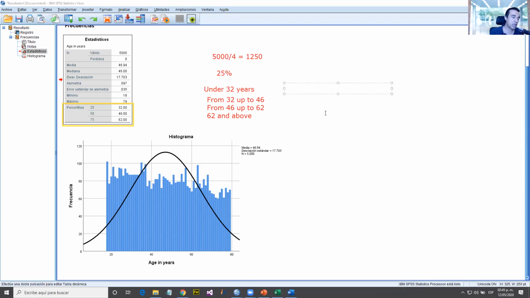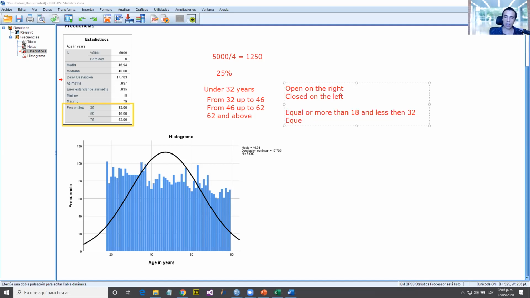So it is open on the right, closed on the left. So this means that it is equal or more than 18 and less than 32. This means it's open on the right, closed on the left.